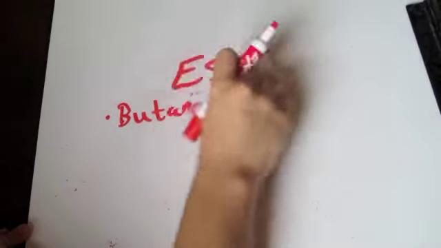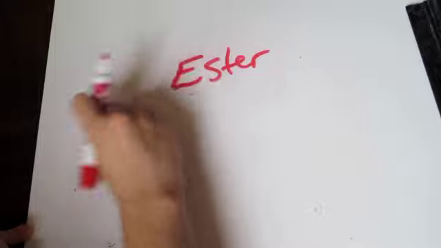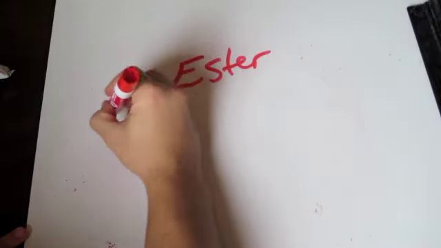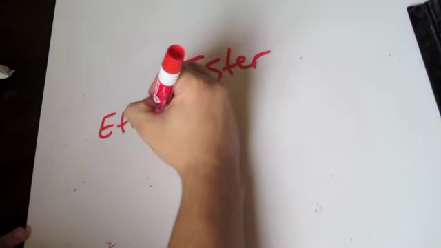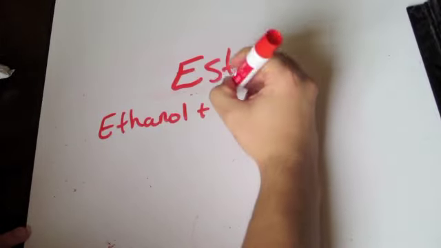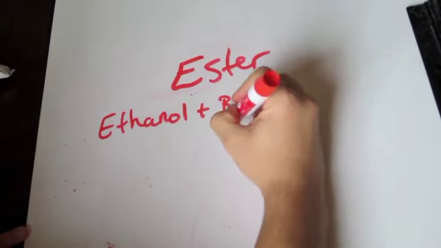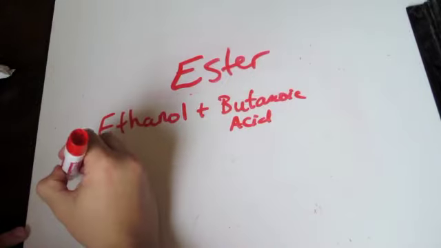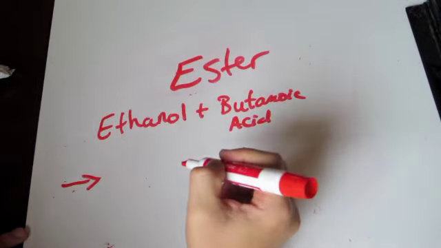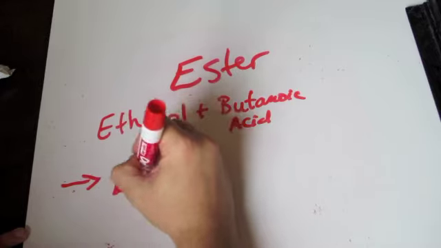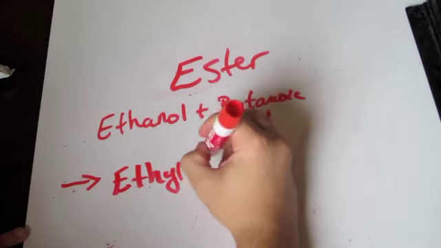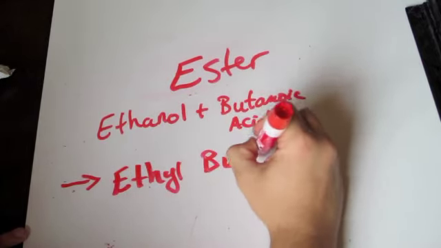So, if everything goes according to plan, ethanol plus butanoic acid, when formed as an ester, will make ethyl butanoate.